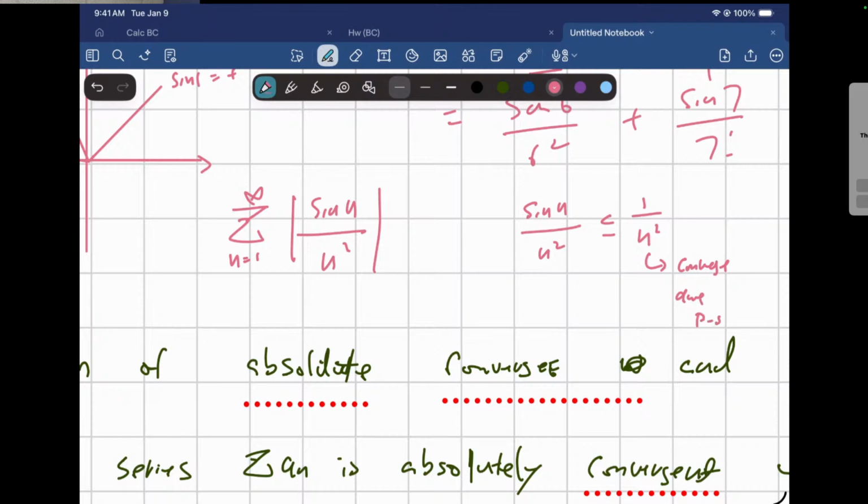P series. Good. So this is less than 1 over n squared, so this also converges. But not only converges, this one's absolutely convergent, because we put an absolute value on it.